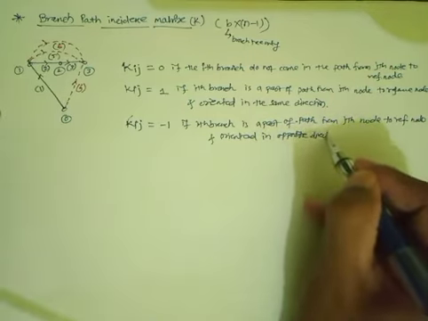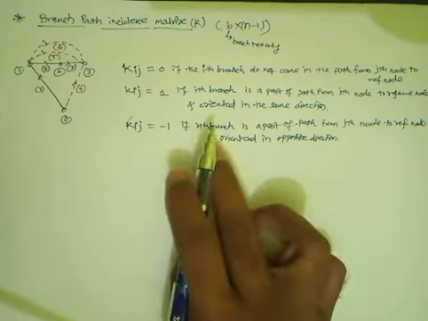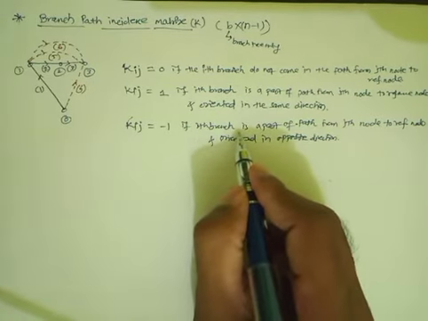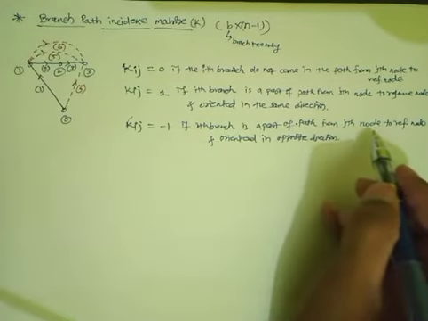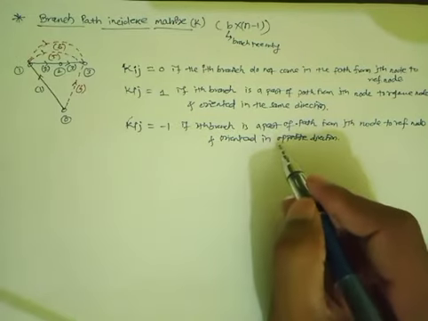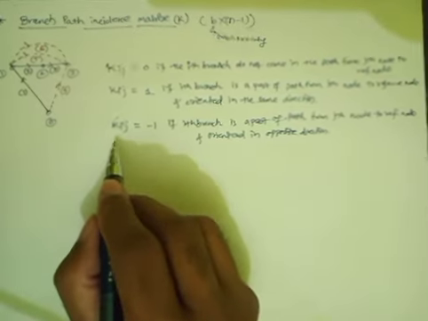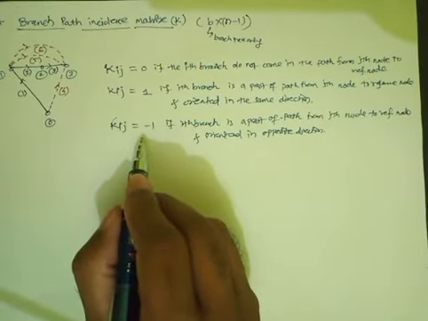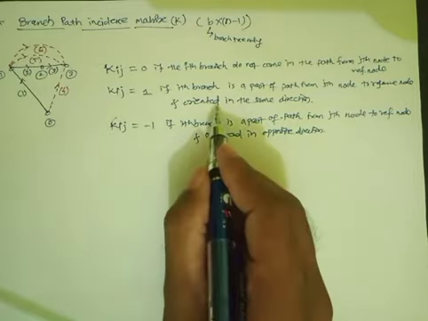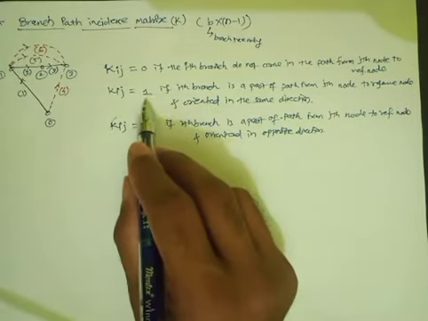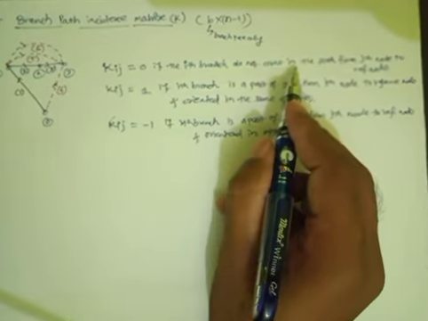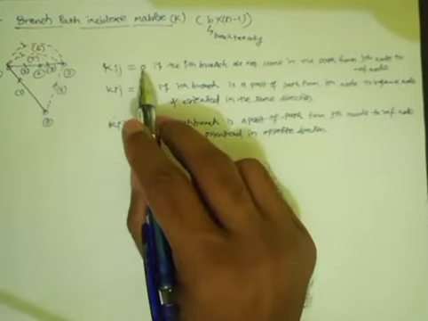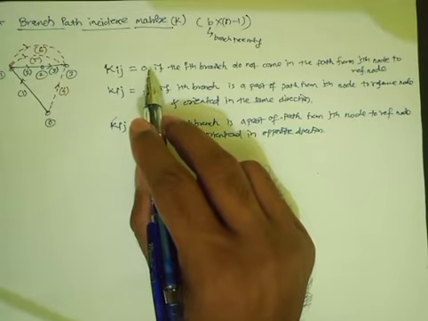If the ith branch is a part of that particular path from the jth node to reference node and it is oriented in the opposite direction, Kij will be -1. And if it is in the same direction, it will be 1. And if that particular branch is not coming in that particular path, Kij is equal to 0, that element will become 0.